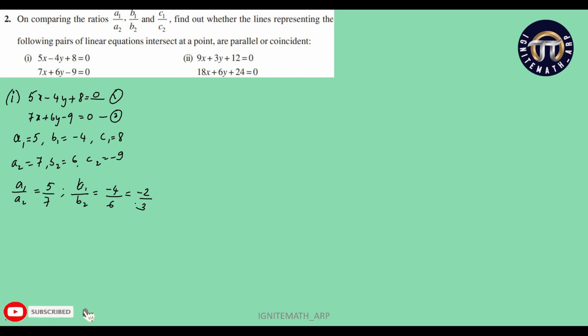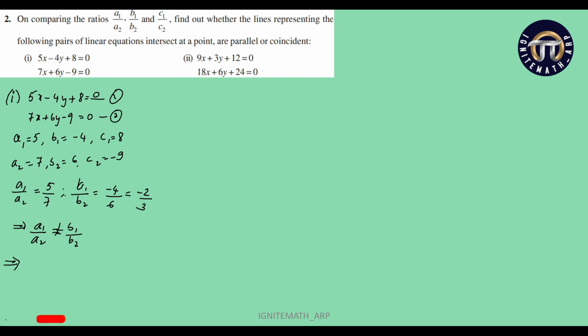So just by finding a1 by a2 and b1 by b2, I get to know that a1 by a2 is not equal to b1 by b2. Clear? What is the condition? That means you are going to have a unique solution, so the lines should intersect at a point.